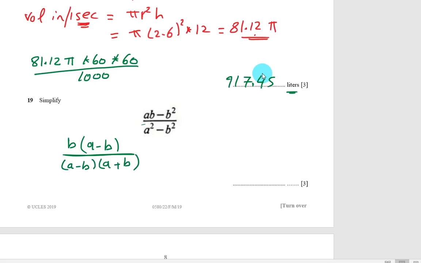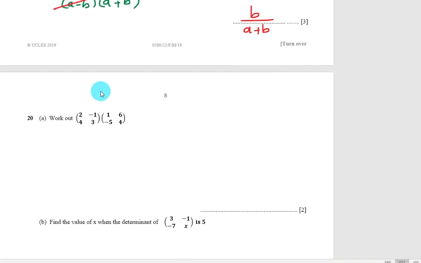You remember x squared minus y squared is equal to (x minus y)(x plus y). So now this a minus b will cancel with a minus b, so your final answer will be b divided by (a plus b). Okay. Let us go ahead to another question.